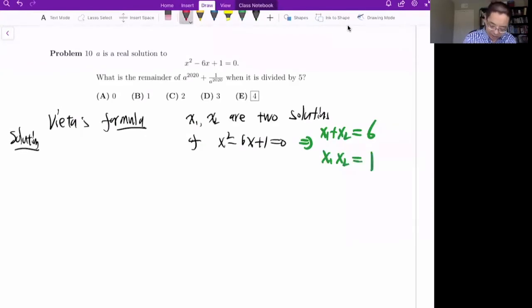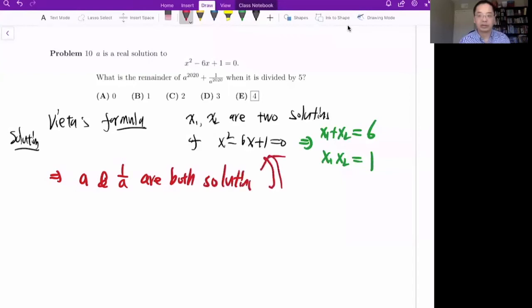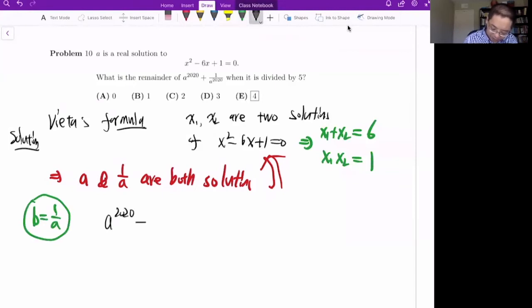This implies A and 1/A are both solutions to this equation. For convenience, I will write B equals 1/A. So what we are looking for is A to the 2020 plus B to the 2020.